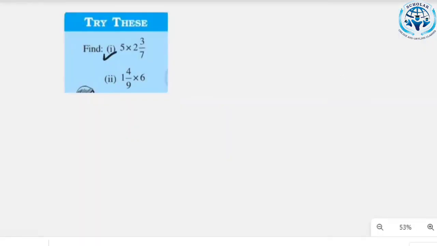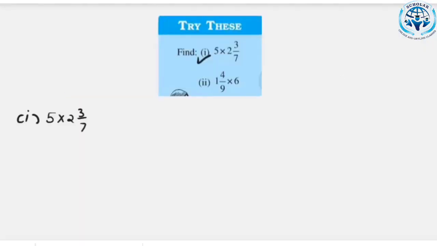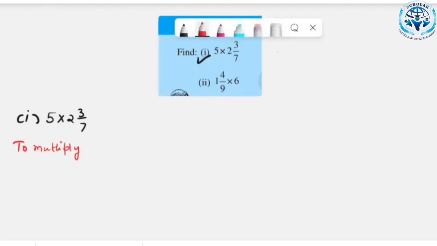Again try these. The first one, 5 into 2 3 by 7. We will convert 2 3 by 7 into an improper fraction and then multiply with 5.